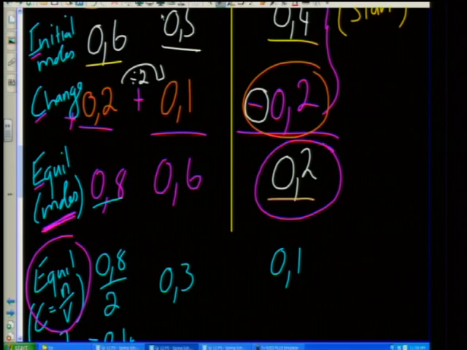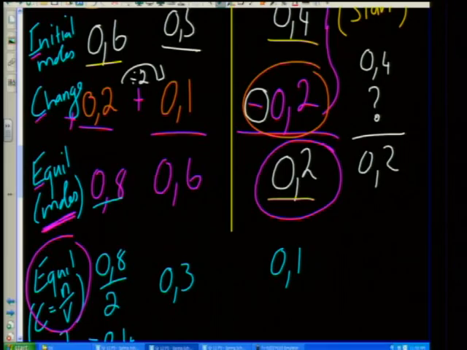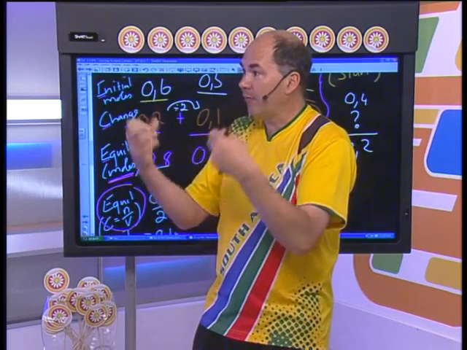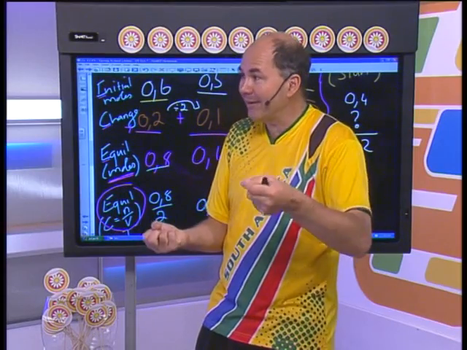Well, guys, look, if we start with 0,4 and we end with 0,2, what's happened? If I have in my hand 5 apples and a minute later, Katlego, I have only 2 apples, what's happened? Someone has taken some away. How many did they take away? 3.